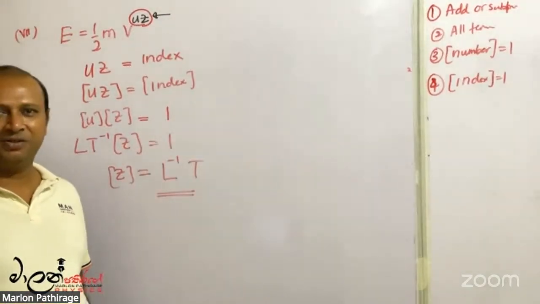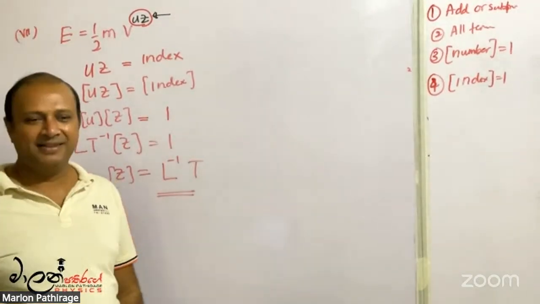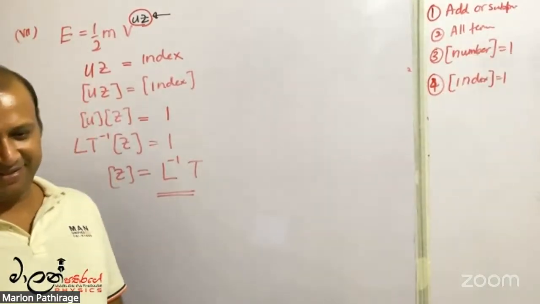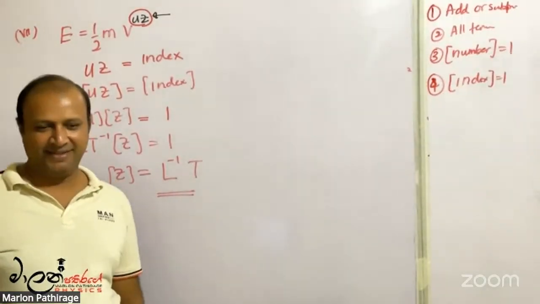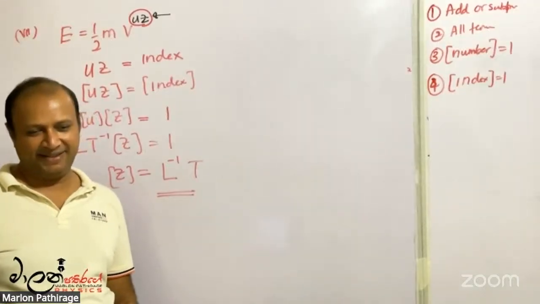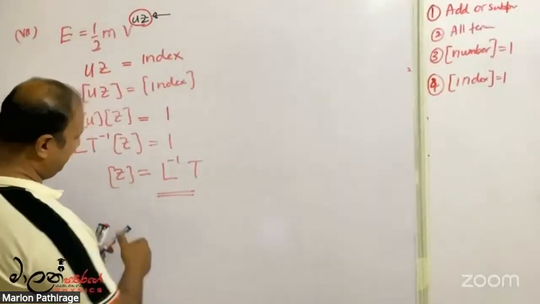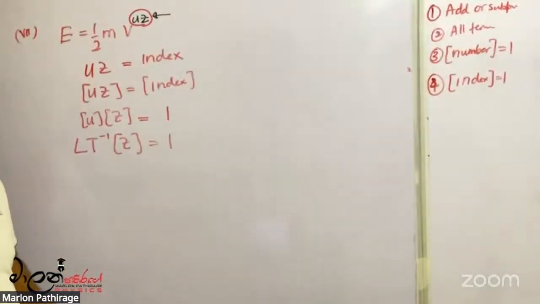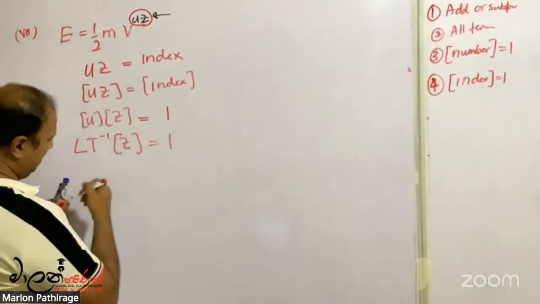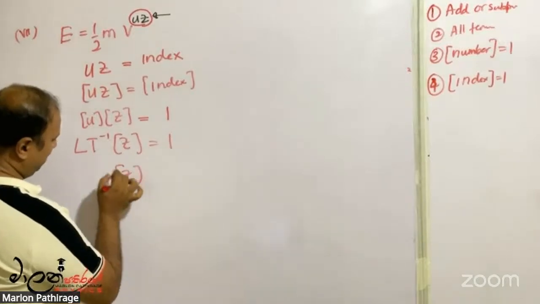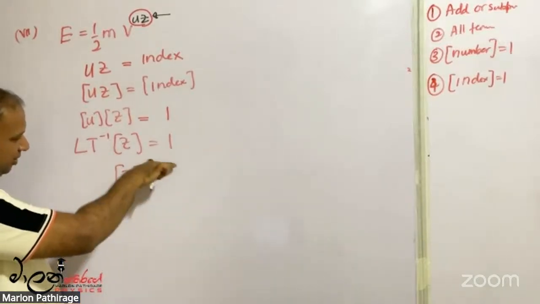If it is okay, please raise the hand. Now, what maths do you apply to take it to the other side, sir, division or multiplication? LT minus 1, Z is equal to 1. Then you have made Z the subject. So you have to bring this to the other side.